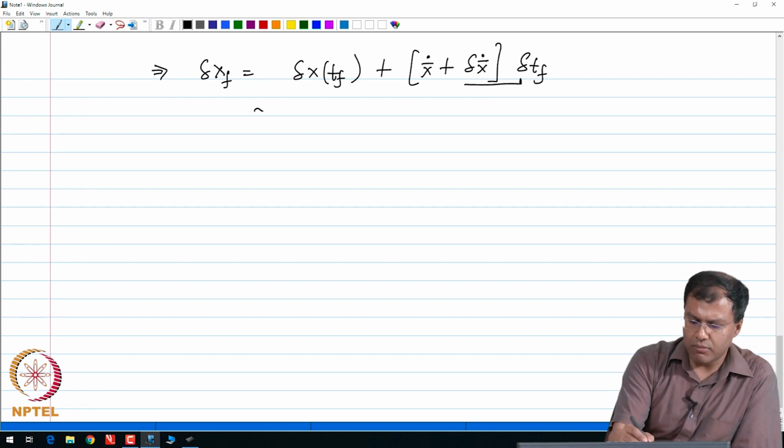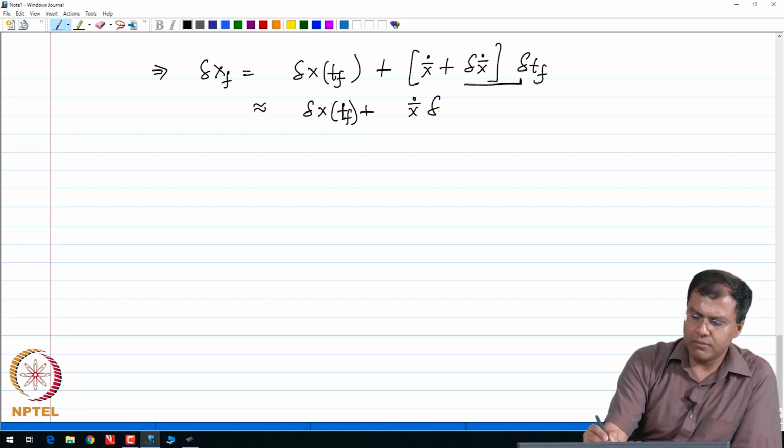So, this is almost equal to delta x at T f plus x bar dot times delta T f, where x bar dot is evaluated at the star condition.